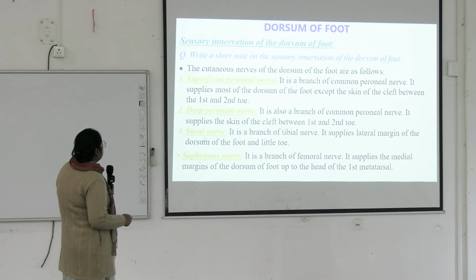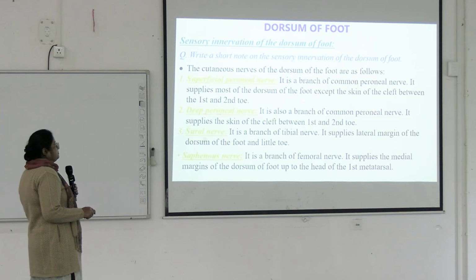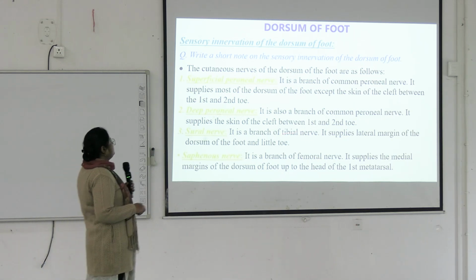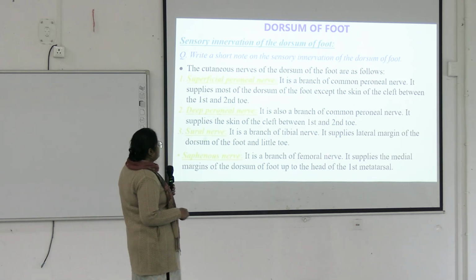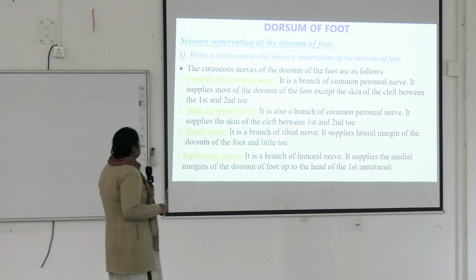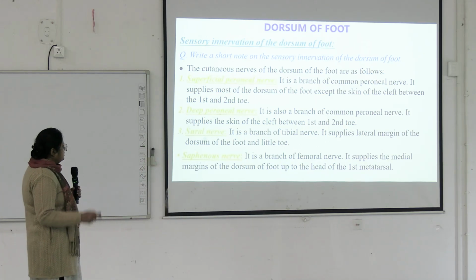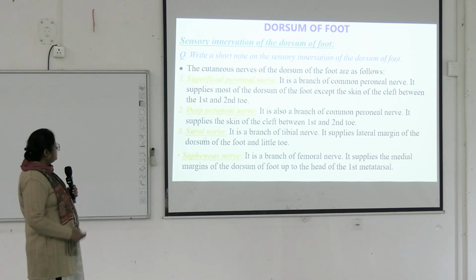Deep peroneal nerve, also a branch of common peroneal, supplies the skin of the cleft between first and second toe. Sural nerve, branch of tibial nerve, supplies the lateral margin of the dorsum of the foot and the little toe. So along the lateral aspect, sural nerve.